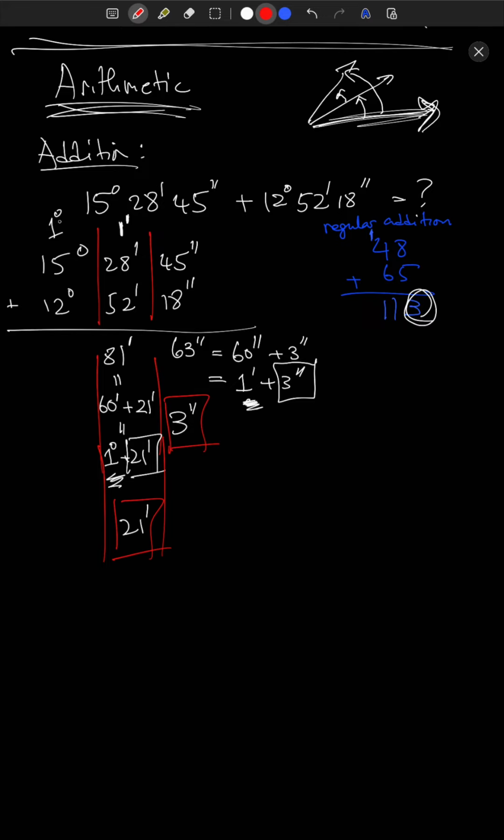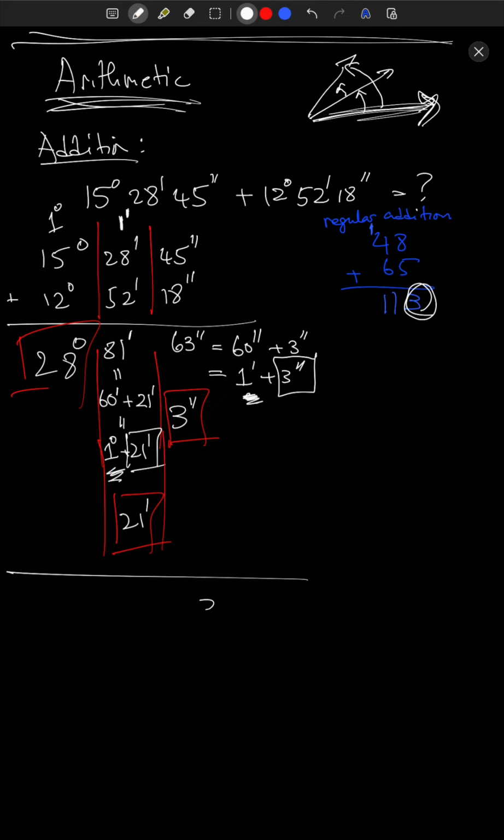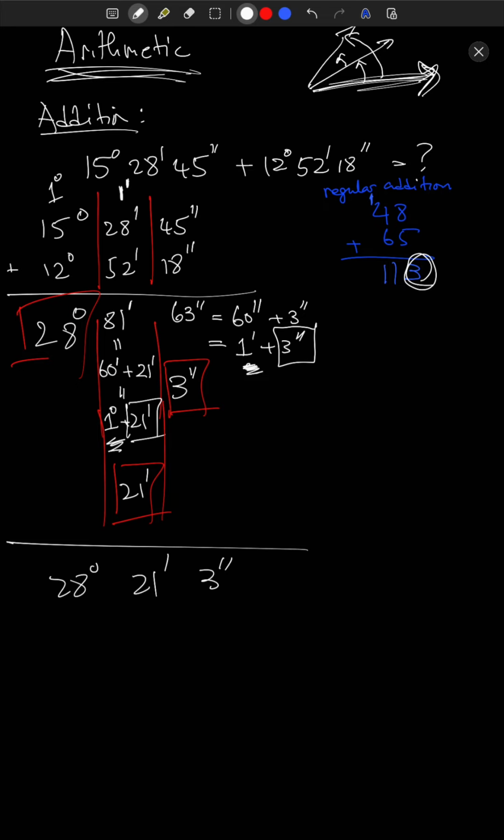Okay, and we carry the 1 to the other column. All right, and then ultimately here we just add 5 plus 2, that's 8, 28 degrees. Okay, so we get 3 seconds here, 21 minutes here, and 28 degrees. Okay, so the sum of these two angles is going to be 28 degrees, 21 minutes, and 3 seconds.